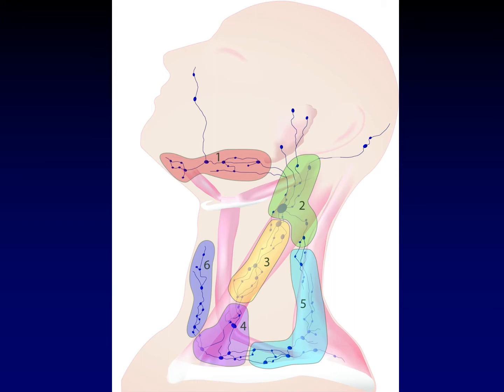Here's how it works. Level 1 is the nodes in the submental and submandibular chain. If you want to break it down into 1A and 1B, you can. Level 2 are the nodes near the skull base in the superior aspect of the internal jugular chain and the superior aspect of the spinal accessory chain. Once you get to the center of the internal jugular chain, that is going to be level 3.